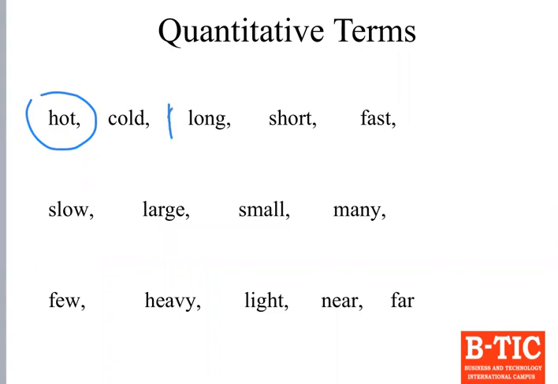When I say long, centimeters, meters, that way. When I say short, same thing. When I say fast, kilometers per hour, miles per hour, that way. Slow, same thing. Large means you can measure it in terms of centimeters, meters. Heavy, kilograms. Light, kilograms. Near, it's about centimeters or meters, I'm sorry, kilometers or miles, that way. So these are all possible for you to measure in terms of numbers. And there are so many. I just took some examples to explain what this is.